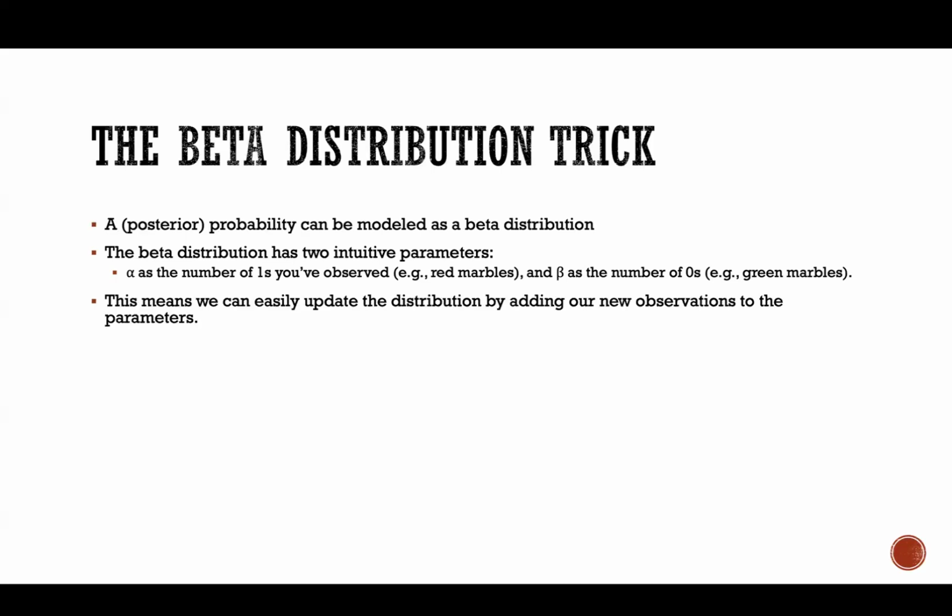So this means that we can easily update the distribution, instead of having to draw the full distribution, by adding our new observations straight onto the parameters. If we observe 3 more green out of 3, we're just going to add 3 to beta. And that preserves all the information.